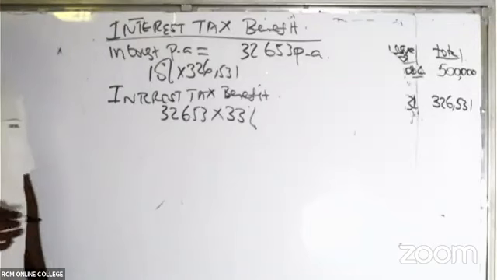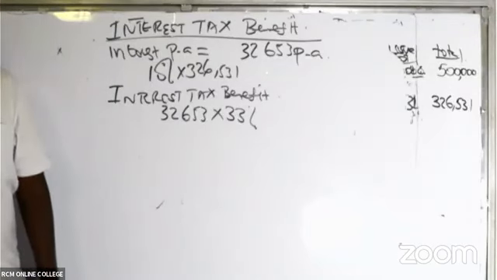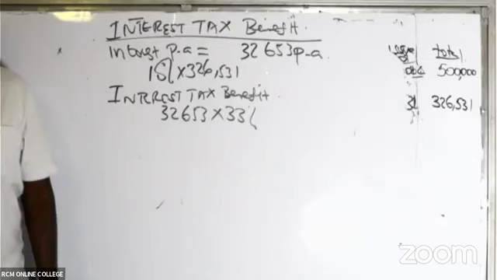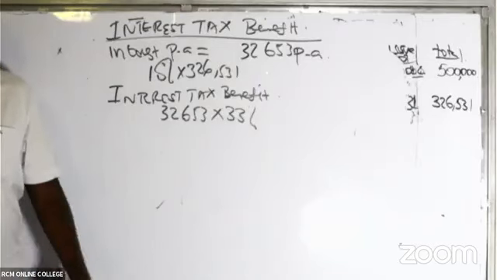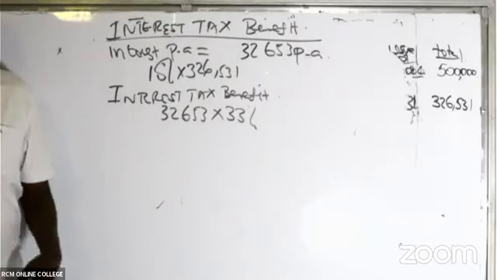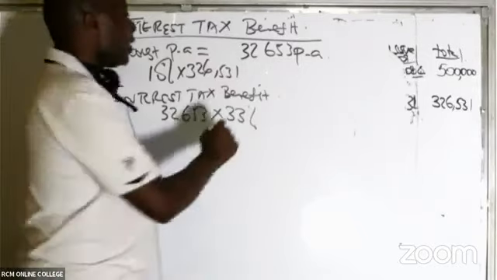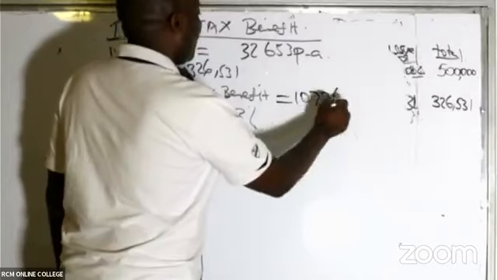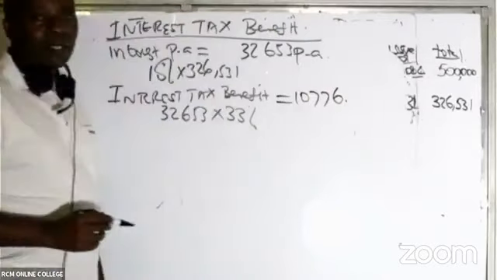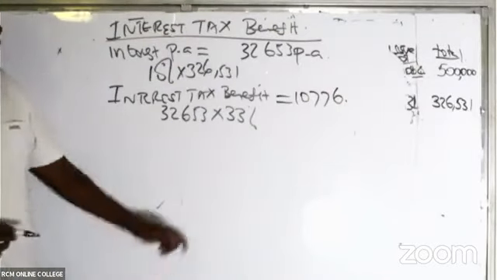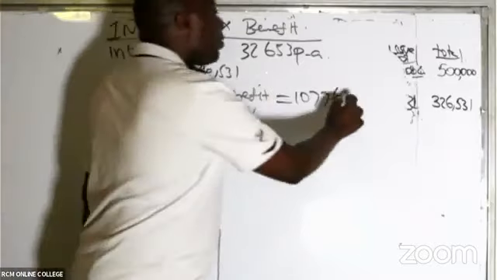Is there somebody who is able to give me this figure? This question is the same as June 2013 question 3B. They repeat exactly. 10,776, like that.